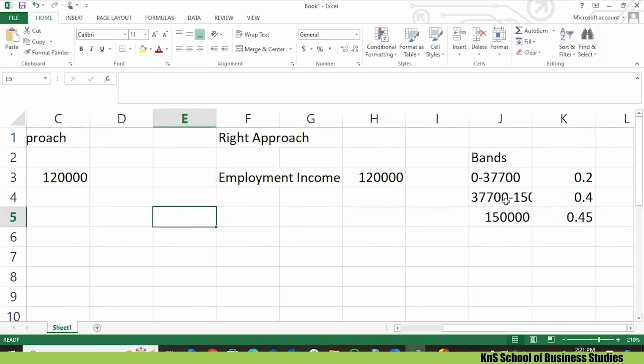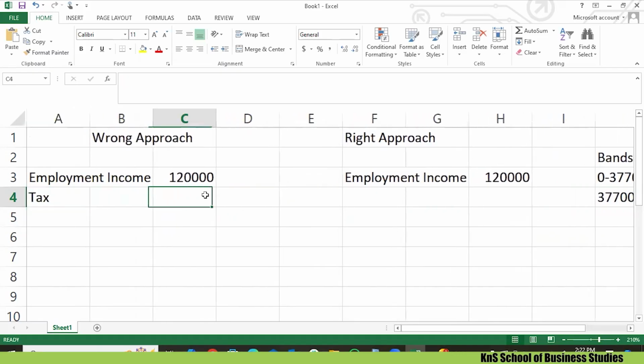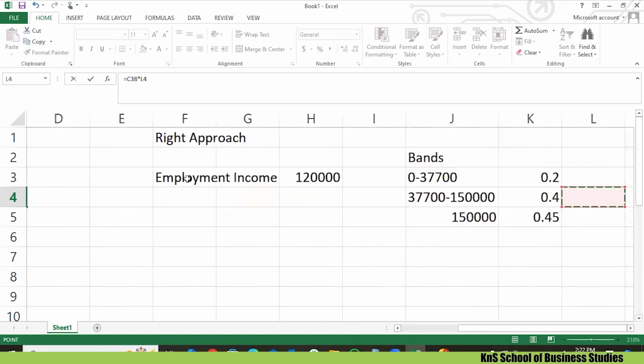Okay. Now, the student who would see that, okay, 120,000 income, these are the income tax rate bands, so it's in the 150,000 band. So what will happen? 120,000 multiplied by 40%. Just look at this.